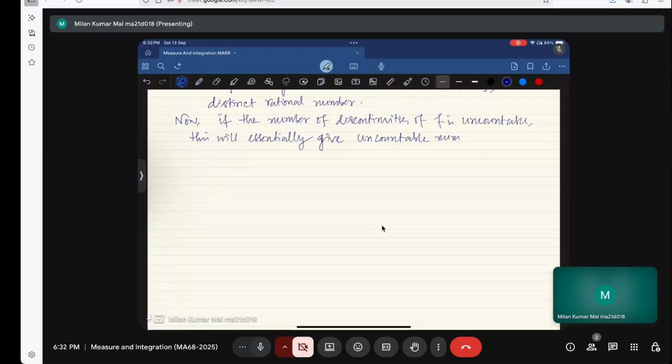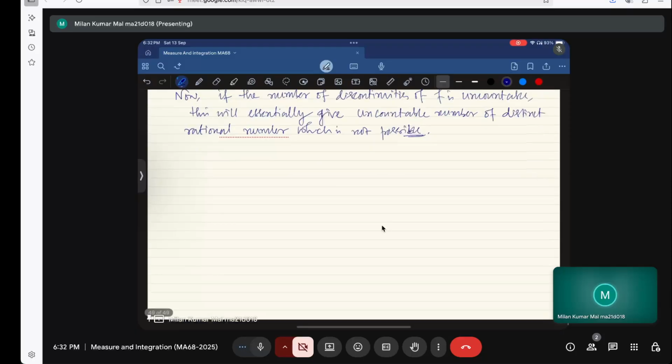an uncountable number of distinct rational numbers, which is not possible.